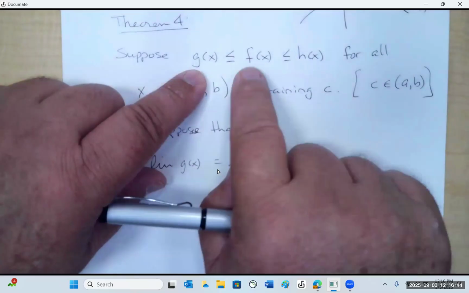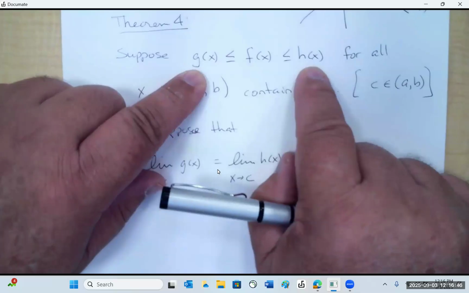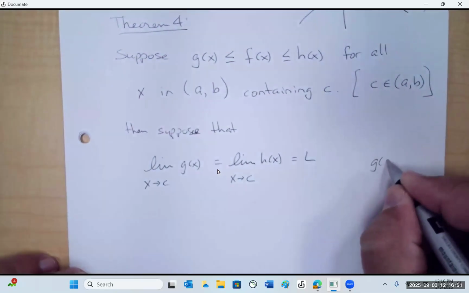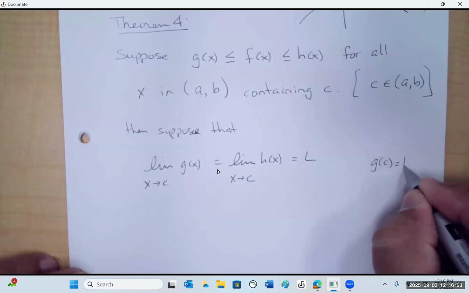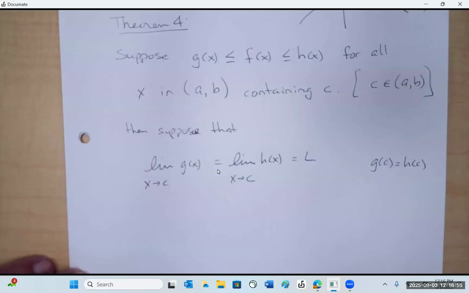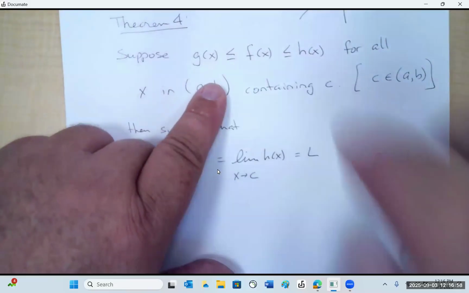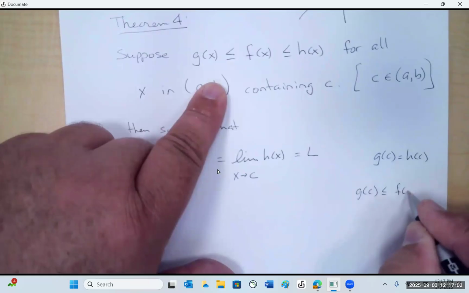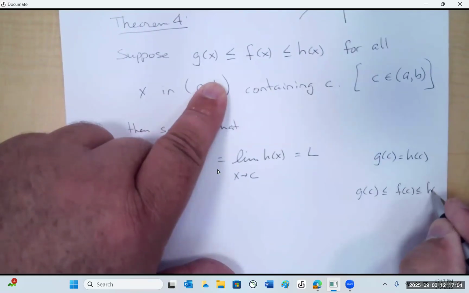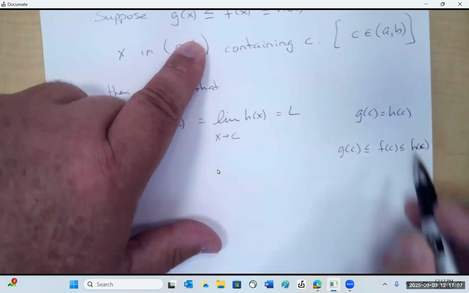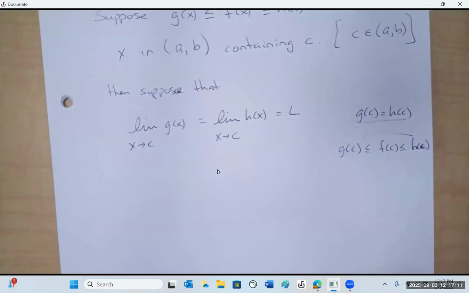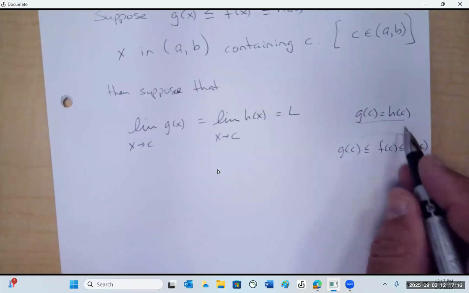If g of c is less than or equal to f of c is less than or equal to h of c, and g of c and h of c are equal, what does that tell us? f of c has to be the same value.